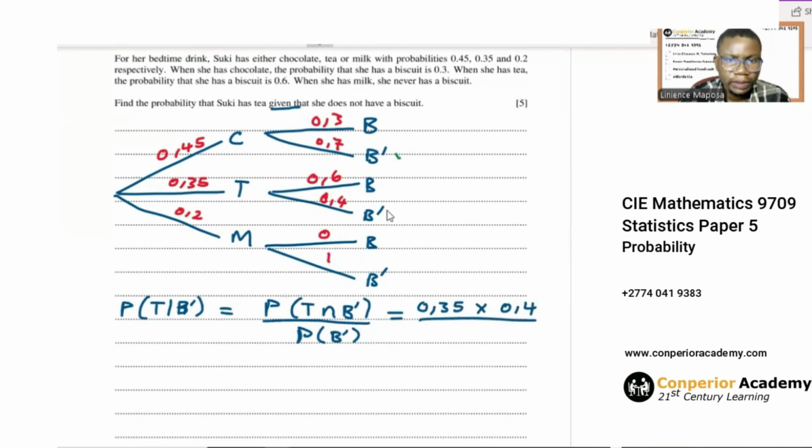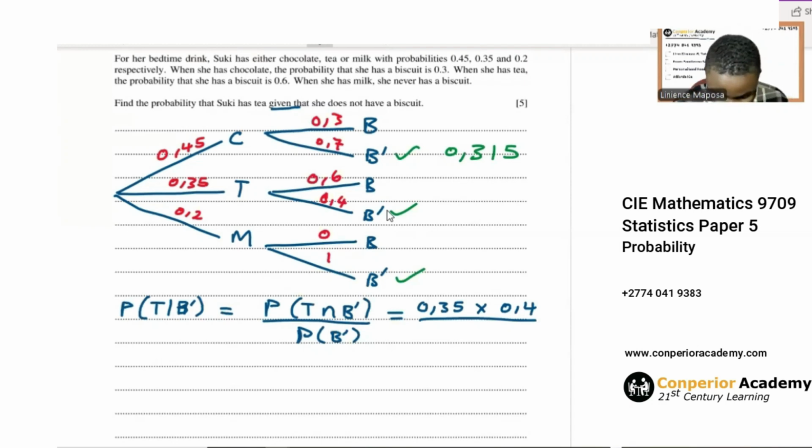So there are 3 situations, it's there, and there. So you multiply along the branch, you add between branches. Let me just multiply the values there, and that will be 0.45 times 0.7. That will give me a probability of 0.315. And here I have 0.35 times 0.4.